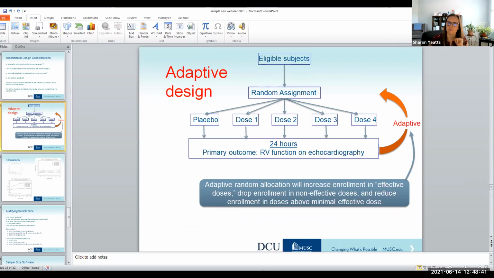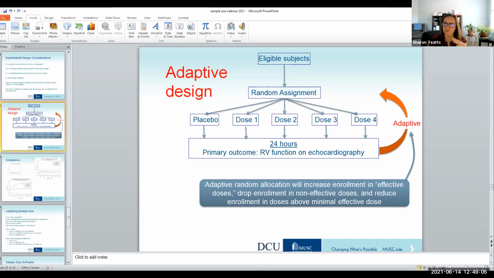In this design, we are taking eligible subjects and randomly assigning them to 5 dose groups, a placebo group and 4 doses of the intervention. The primary outcome here is RV function. The notion is that we have this primary outcome quickly available after 24 hours.